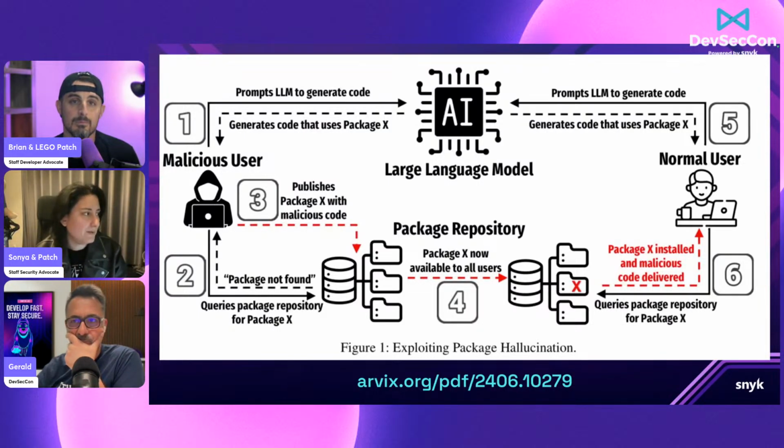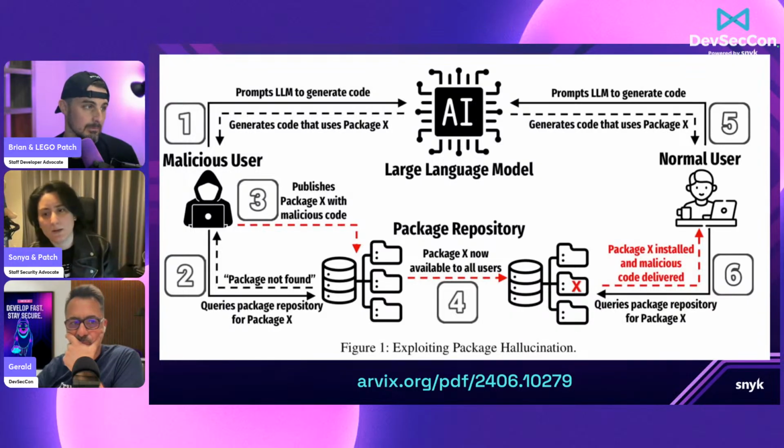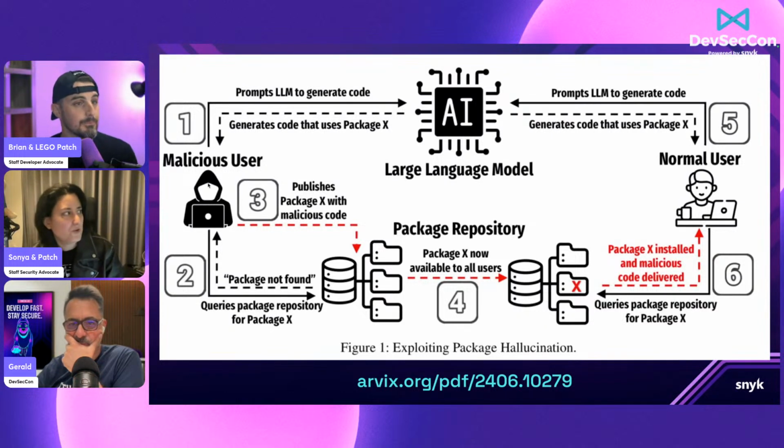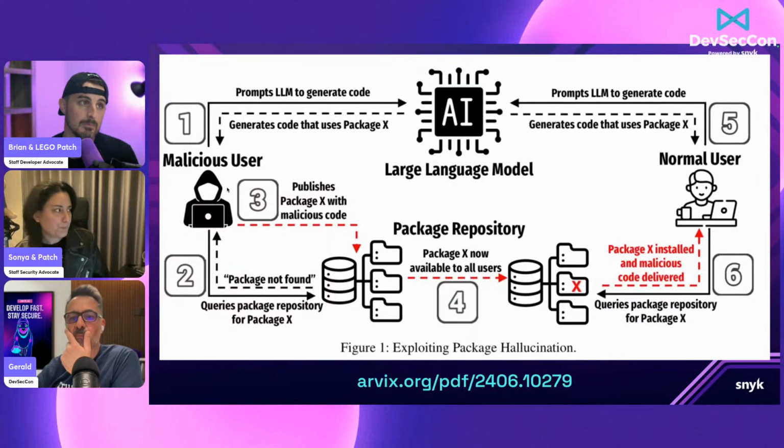And here is what happens using a new vector with LLMs. Let's say ChatGPT, Gemini, Claude, whatever LLM you're using: both the normal user and the malicious user prompt the LLM to generate code, and it will generate code with a package. But this package is completely hallucinated. It doesn't exist. So the malicious user will take this opportunity to create a malicious package and push it to the registry.